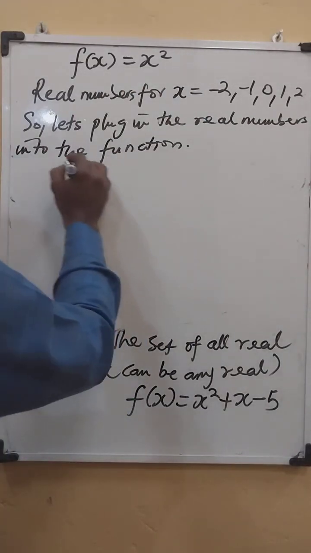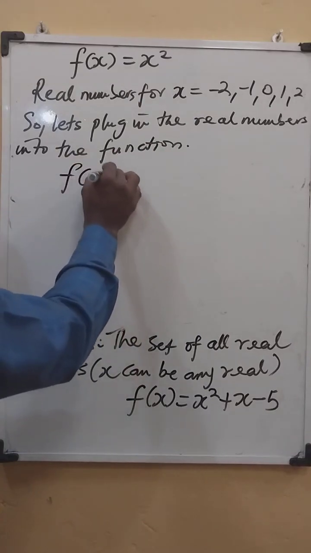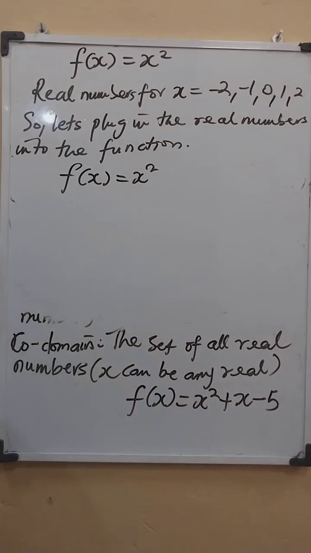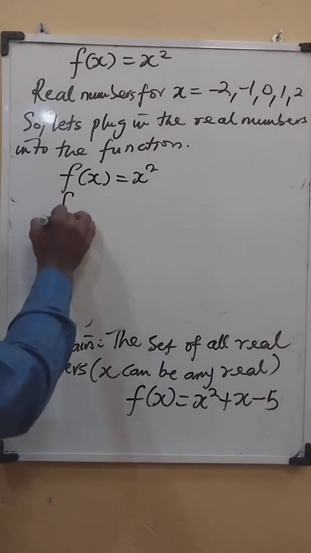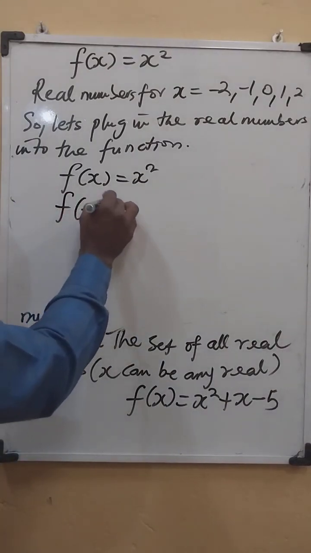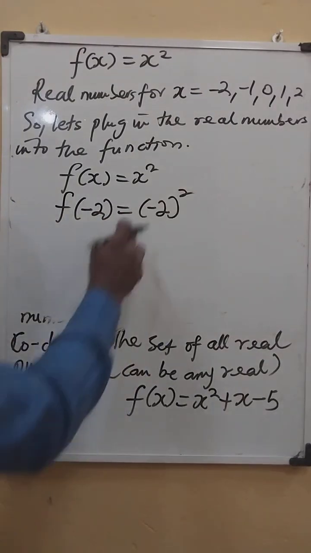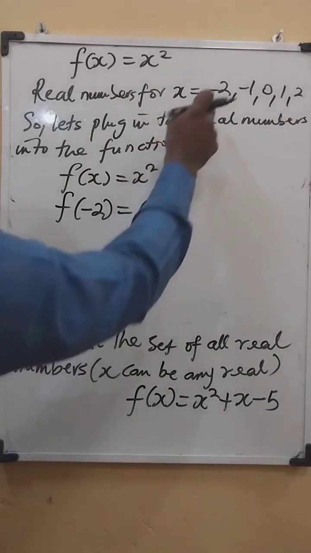So this is the function f(x) is equal to x squared. Let's take the first real number. The first real number is going to be what? The function of -2 is equal to (-2) squared. Ensure you put the signs.